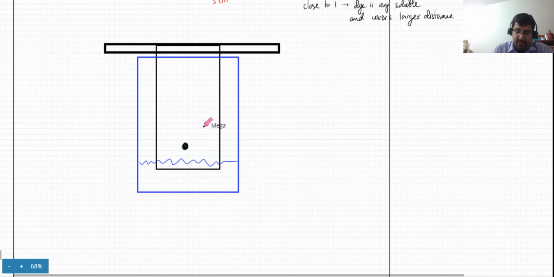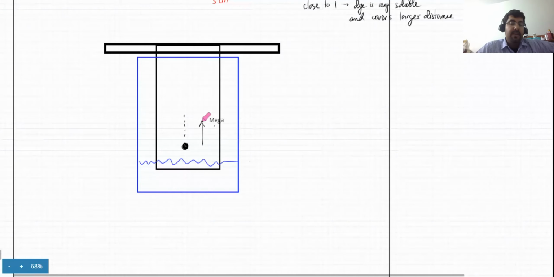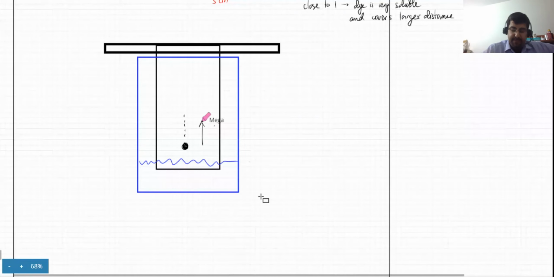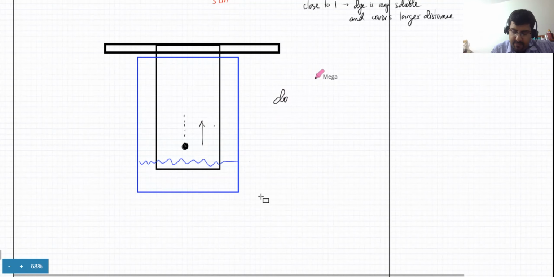The water would be absorbed by the tissue paper, and the ink would start spreading, and it would spread into different components if it has different components in it. If it's a mixture of different dyes, some dyes would be more soluble, so they would travel a longer distance. Some would be less soluble, so they would travel a smaller distance. So try and send me a picture of what you obtain once you do this.